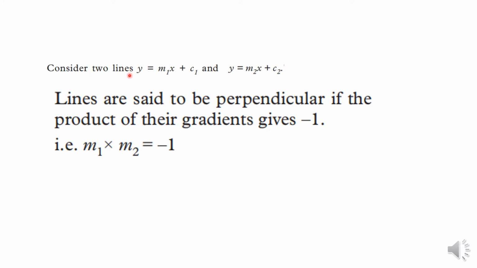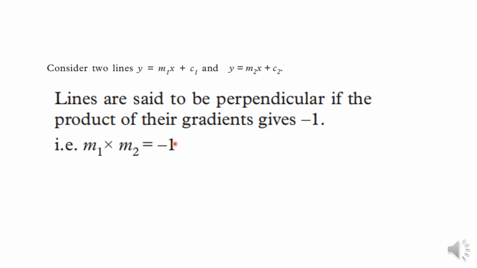Consider two lines. Line 1, y is equal to m1 x plus c1, and line 2, y is equal to m2 x plus c2. Lines are said to be perpendicular if the product of their gradients gives -1.